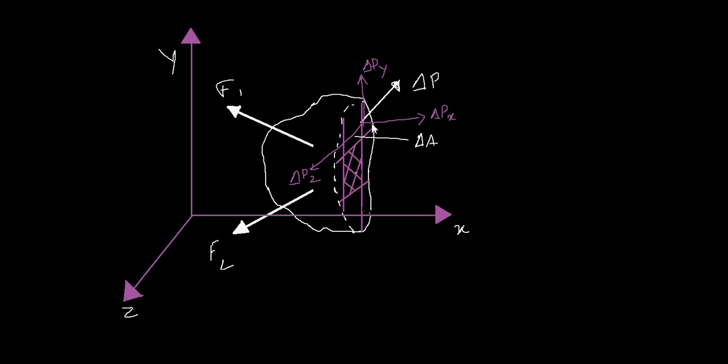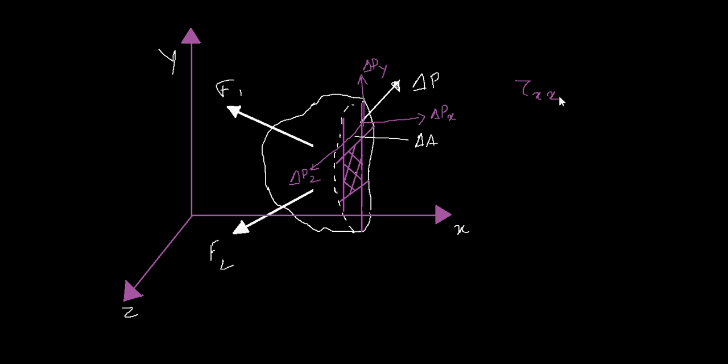This is your internal resistance, say delta P, and you have three components of delta P: delta Px, delta Py, and delta Pz. And the intensity of these forces per unit area is called stress. So you have three stresses here. Usually stress is denoted by tau.